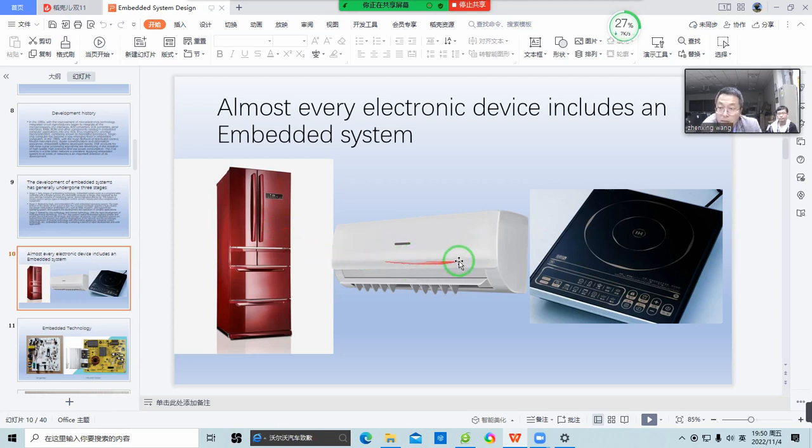Air conditioning runs in the same way. Here, the air conditioner has a PCB board. It will receive the temperature. It will drive the fan inside this plastic shell. It will receive the infrared signal from the remote controller.